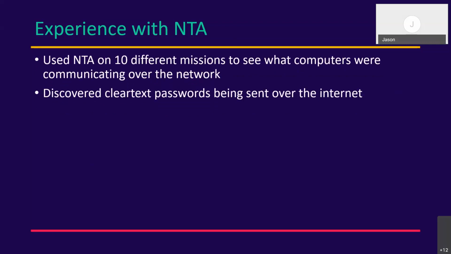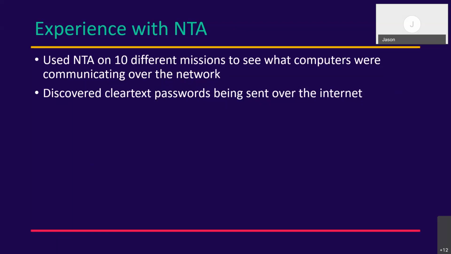So a lot of times when you communicate from one computer to another, you want that communication to be encrypted. Because what you don't want is to type in your password to say your email, and instead of encrypting it, your computer sends it clear text to the website, and anyone who is looking at that traffic can see in clear text what your password is.